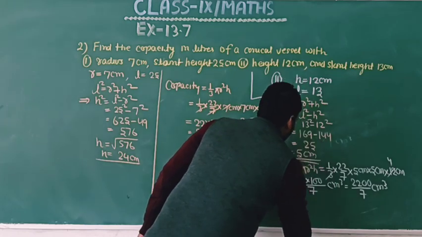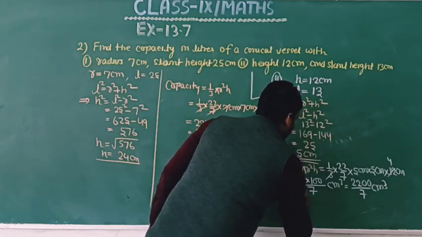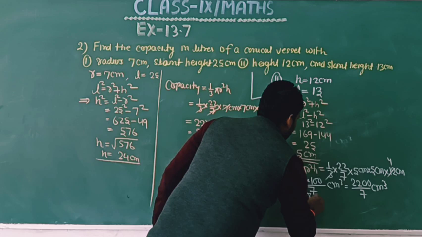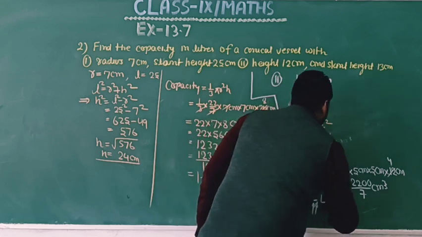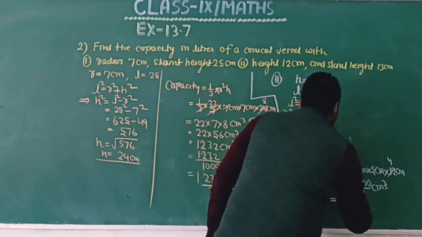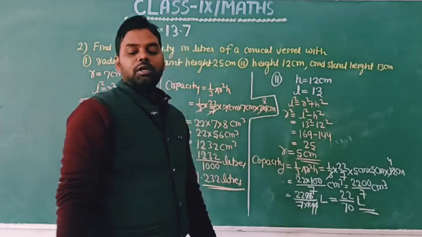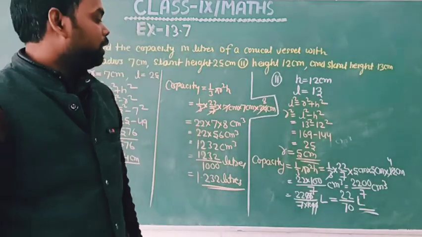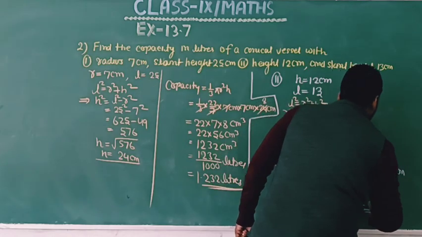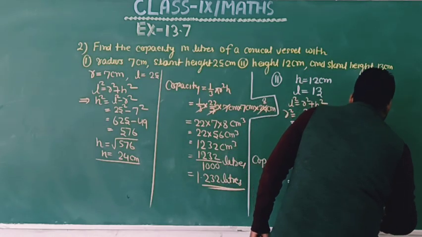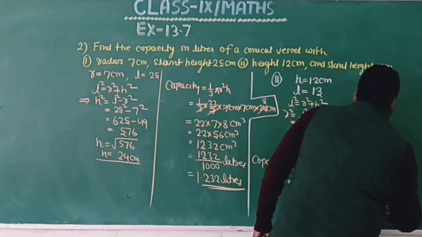And to convert into liters, it would be 2200 upon 7 into 1000 liter. So the zeros cancel out, and it is 22 upon 70 liter, or this is 11 upon 35 liter.